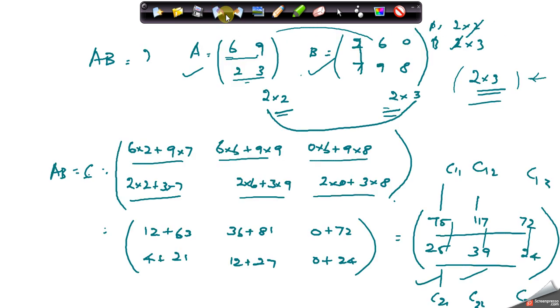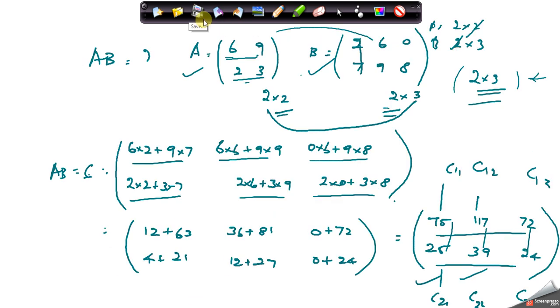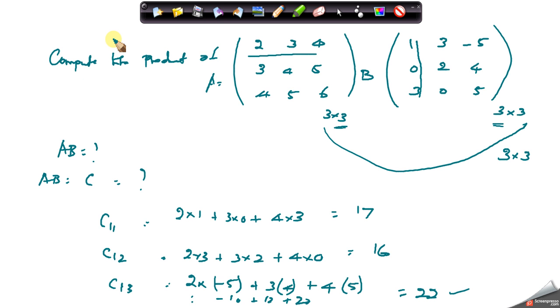There are some problems with this tool right now. Let me wait for a minute. Okay, this is the value right now, right? So 2, 3, 4, 3, 4, 5, 4, 5, 6.